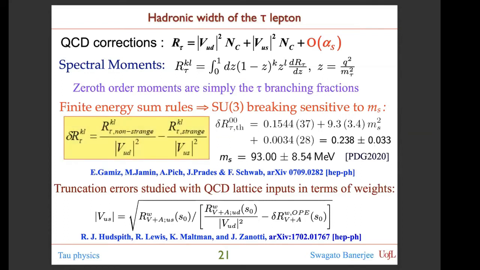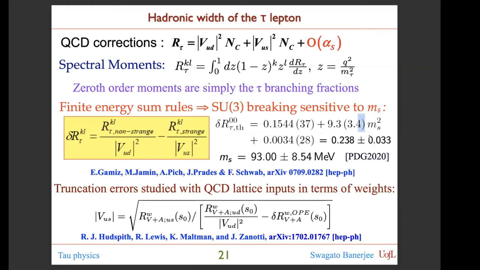The quantity that we want to measure is R_tau and the different spectral moments of this R quantity. The (k,l) moment is defined in this equation here by weighting the invariant mass distribution by integers k and l respectively. So the 0th order moment refers to the branching fraction. And the correction for the SU(3) breaking term is presented here.